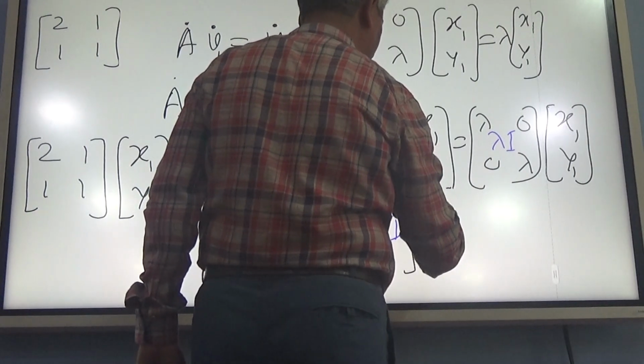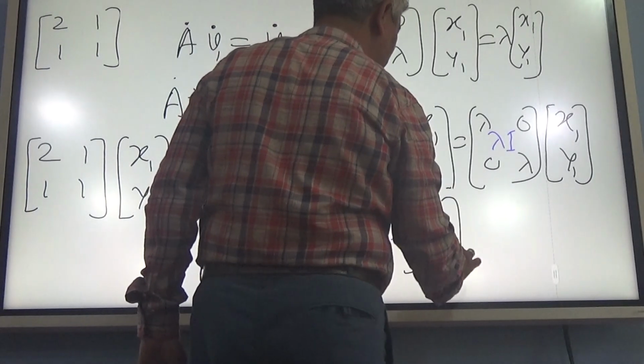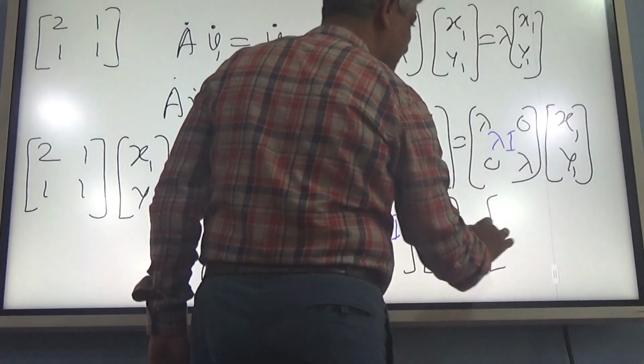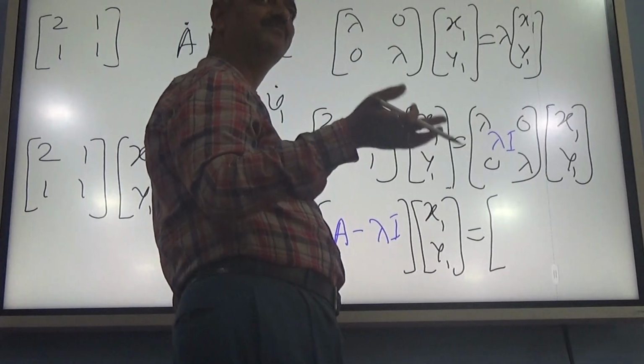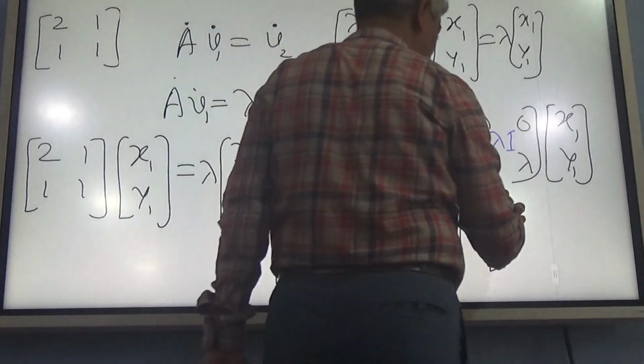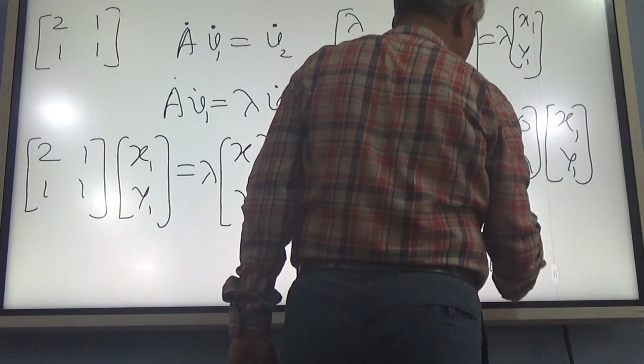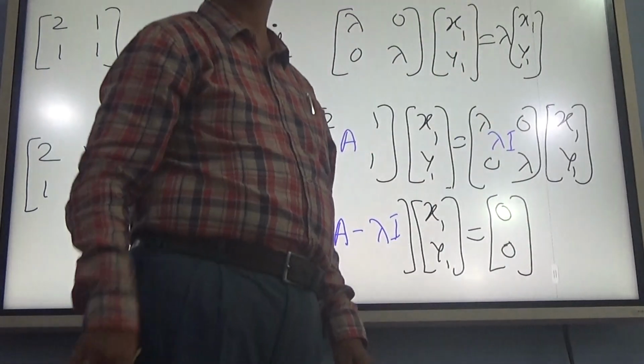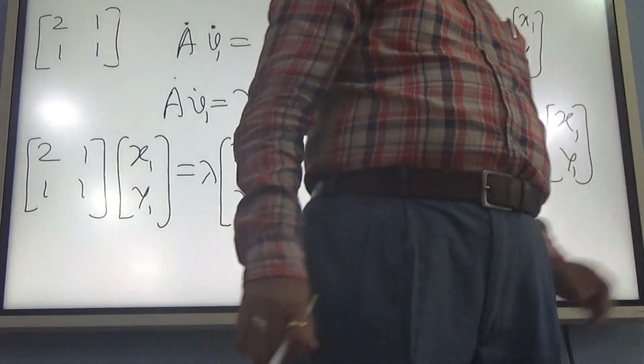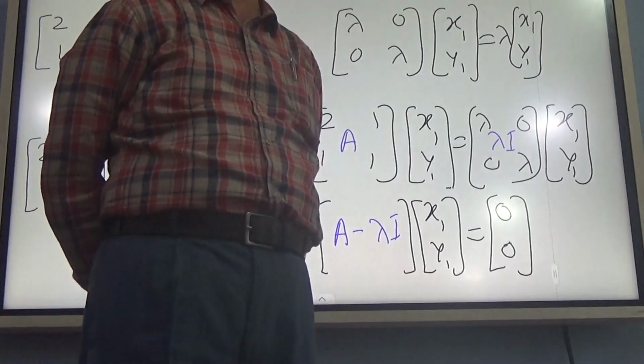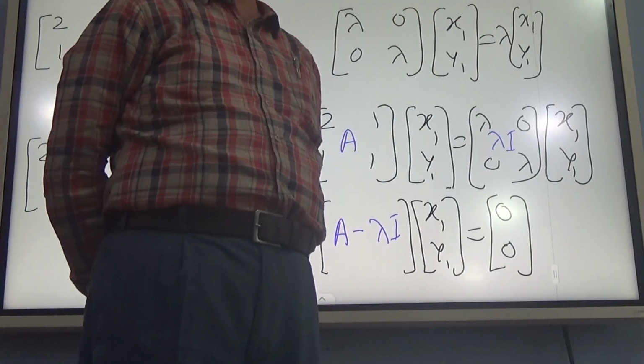into x1, y1 is what? On the right-hand side, 0, right? So what does it mean? You assumed something which may not be a fact.